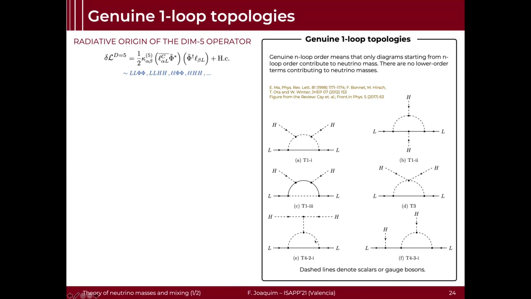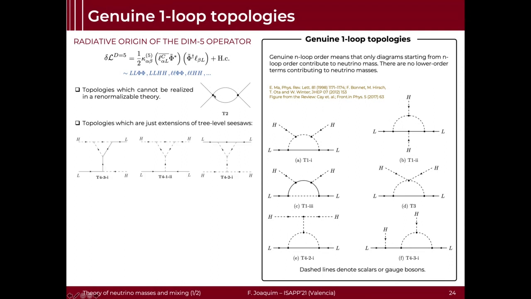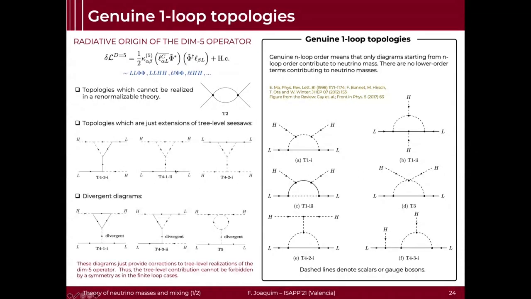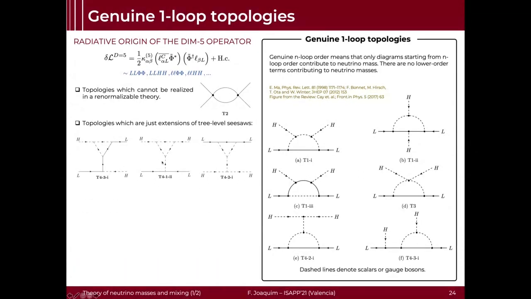These dashed lines can be either scalars or gauge bosons, the internal dashed lines when possible. There are others, but you can show that either they cannot be realized, for dimensional reasons, or other ones are just corrections to tree level seesaws. For instance, if you look at maybe this one, you can see that probably the type 2 seesaw contribution at tree level would already be there, and the one loop would be just a correction.